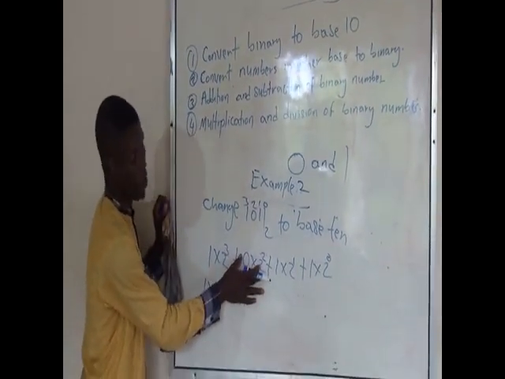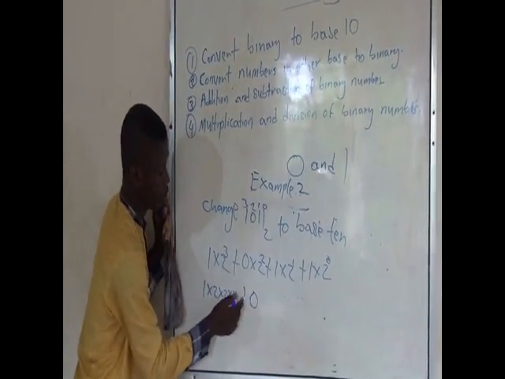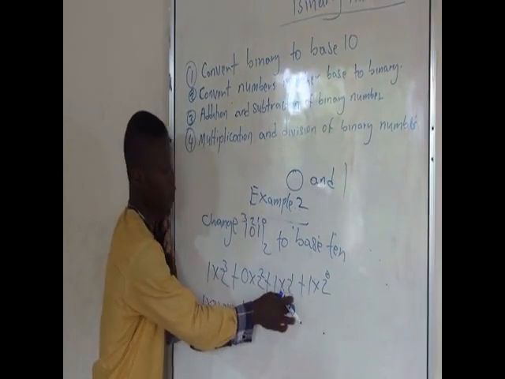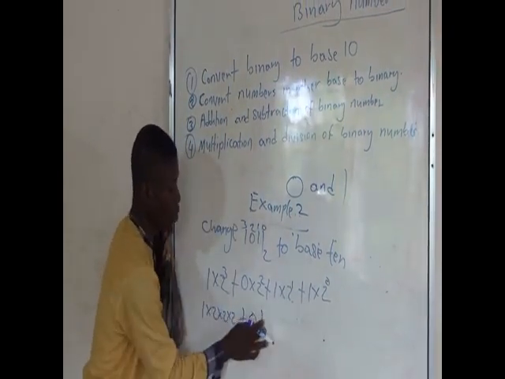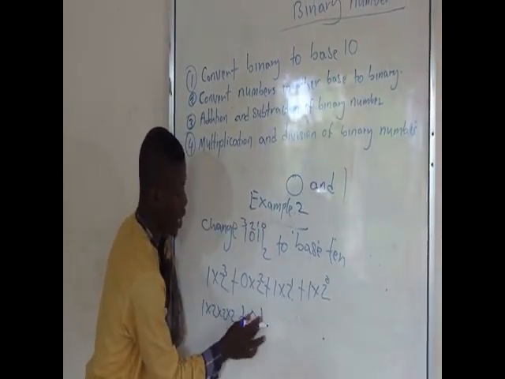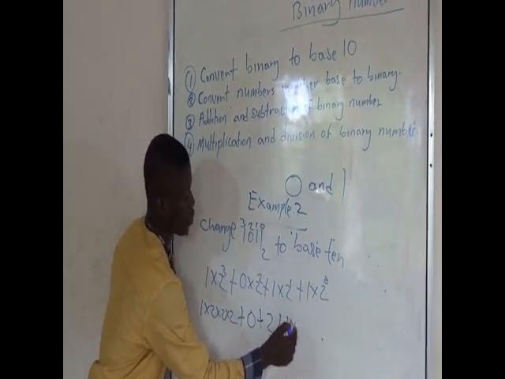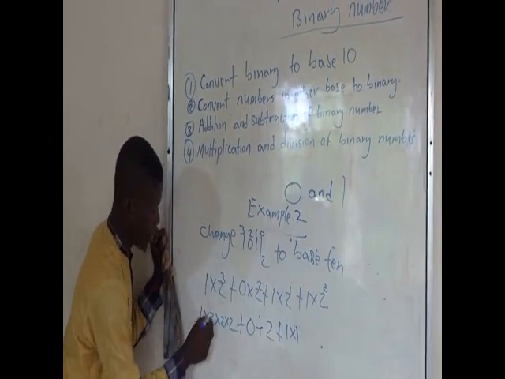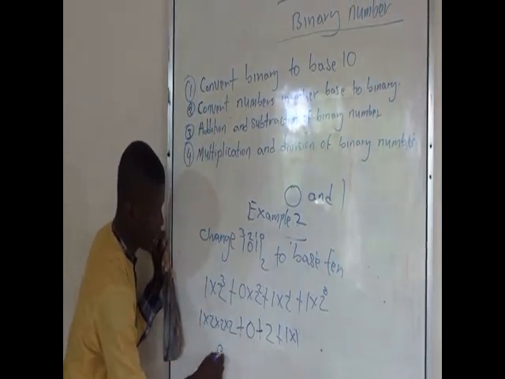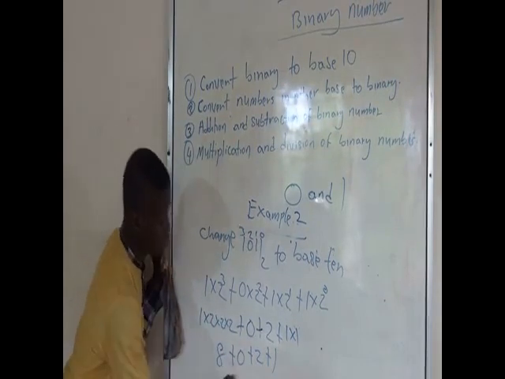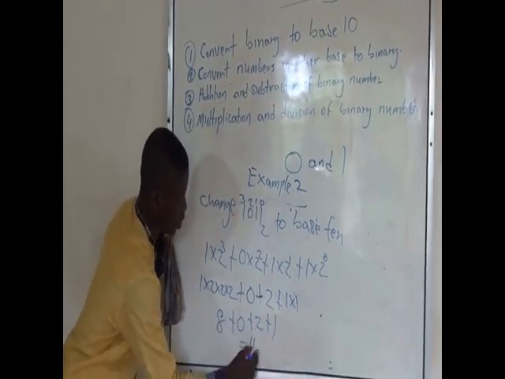Plus any number multiplied by 0 is 0. Then plus 1 times 2 raised to power 1, which is 2, since any number raised to power 1 is that number, plus 1 times 1, which gives us 1. Then we have 2 times 2 times 2 is 8, plus 0, plus 2, plus 1, which will give us 11 base 10.